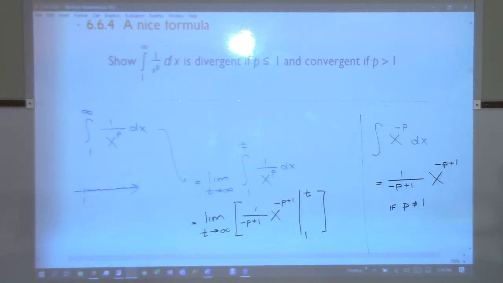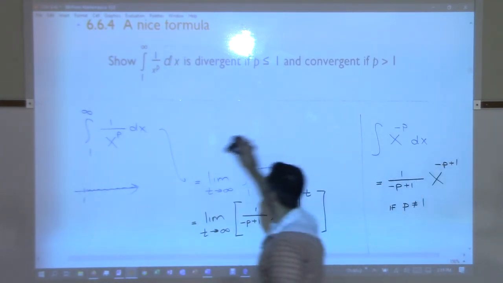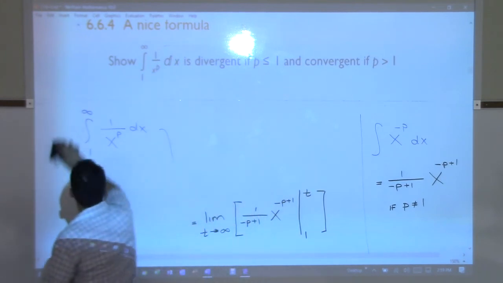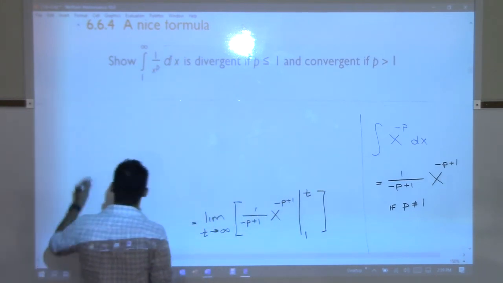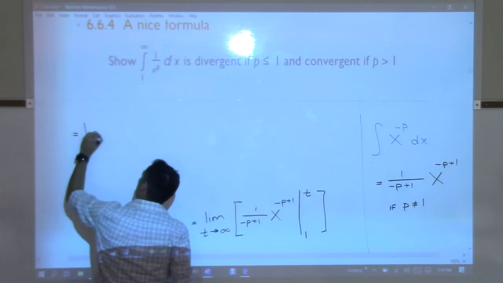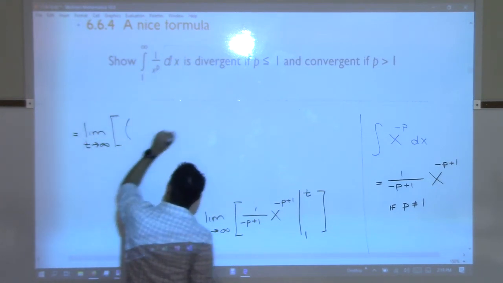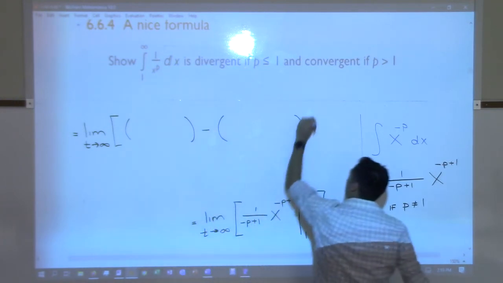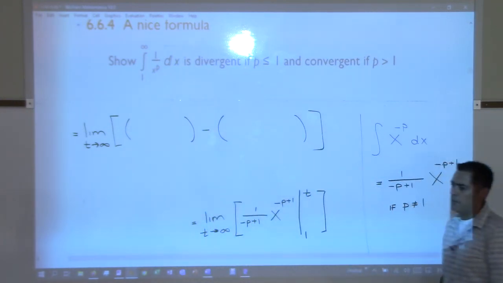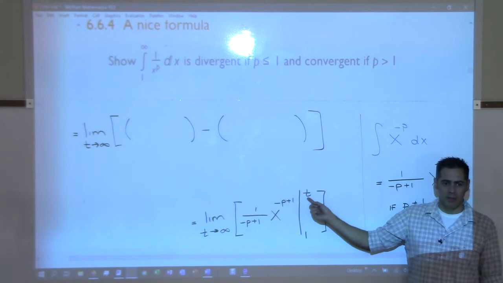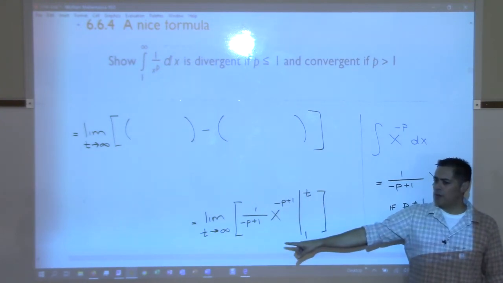Are you okay with that? Ready to plug in t and plug in 1? Limit as t goes to infinity, of the bracketed expression. We're going to plug t in first. T is going to go in for what variable?